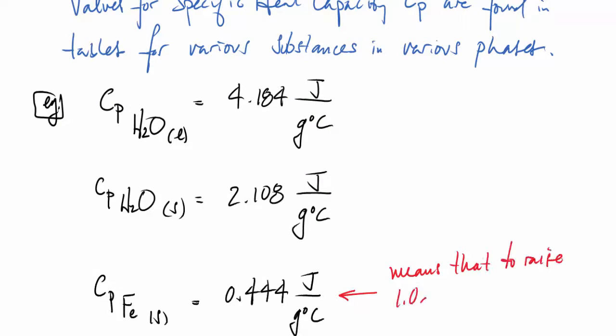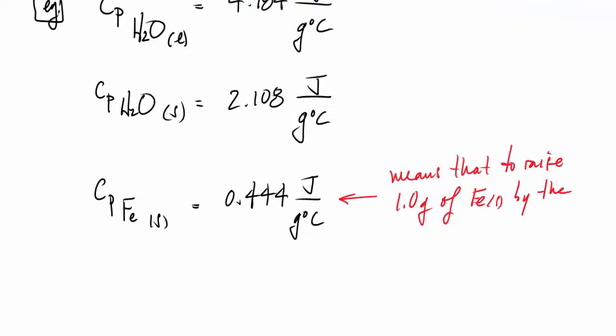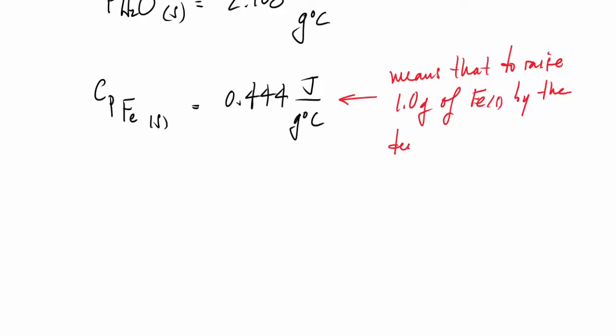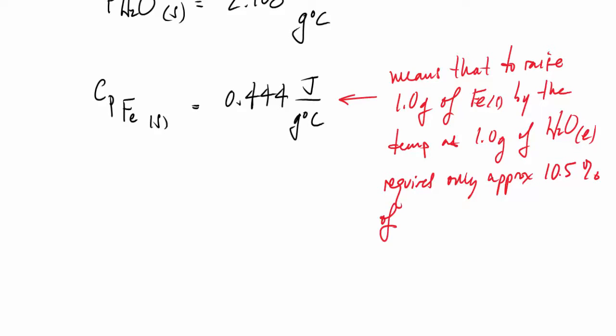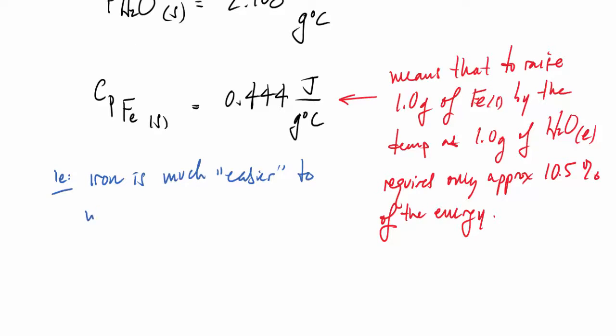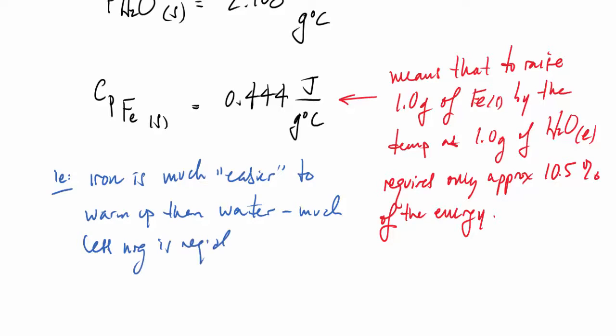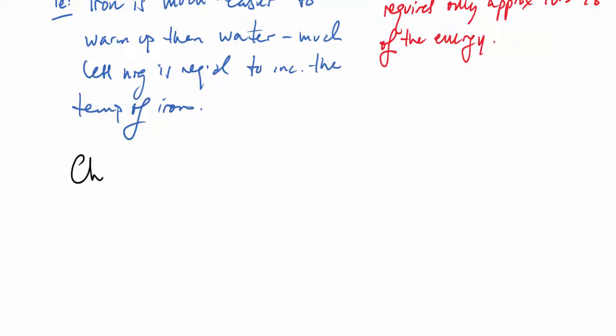Notice how small that value is compared to water, and it means that to raise just 1 gram of solid iron by the same temperature as 1 gram of liquid water requires only about 10.5% the energy. So the way to interpret that is to think that iron is quite a lot easier to warm up than water. You don't need to put as much heat energy in to increase the temperature of iron. And this has various effects with different substances.